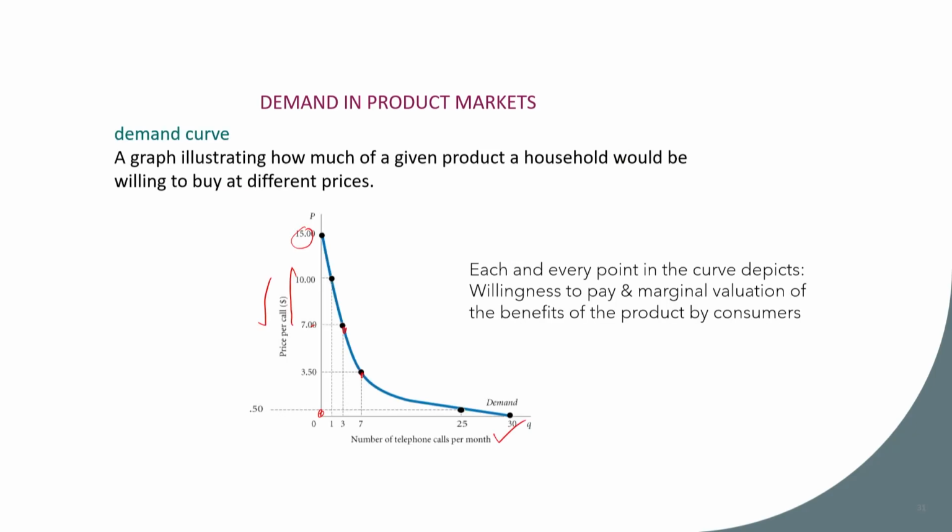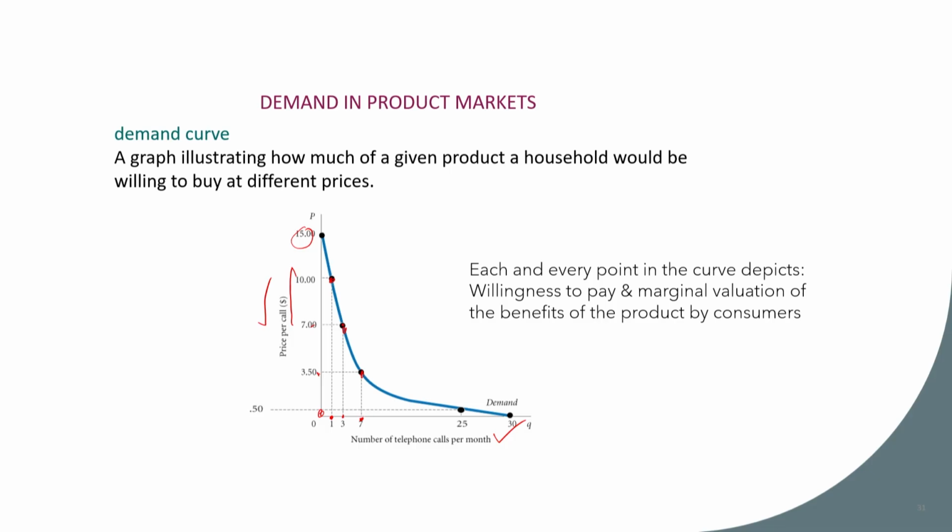The demand curve also has another interpretation. When the price is 10, the representative consumer that we are discussing here is willing to buy 1 unit of this good. When the price is 7, they are willing to buy 3 units. When the price is 3.5, they are willing to buy 7 units.